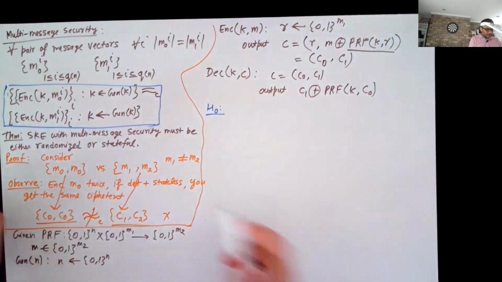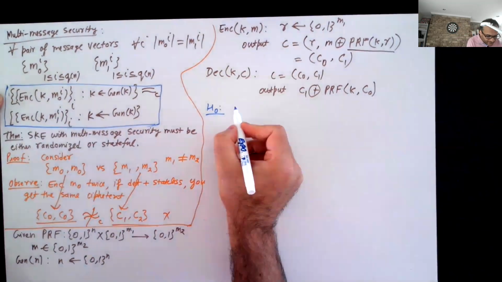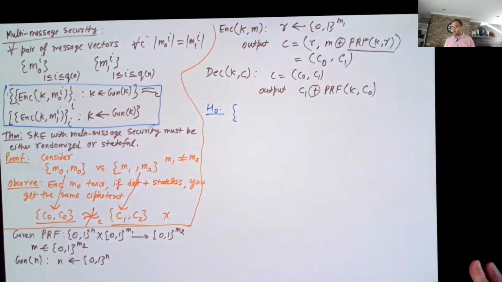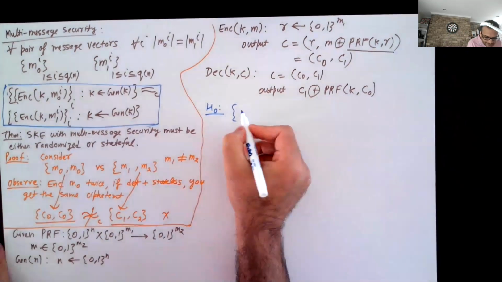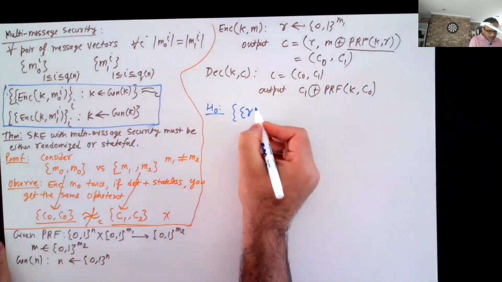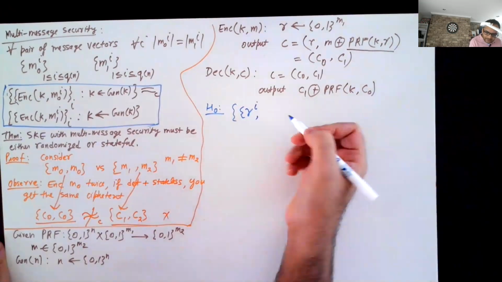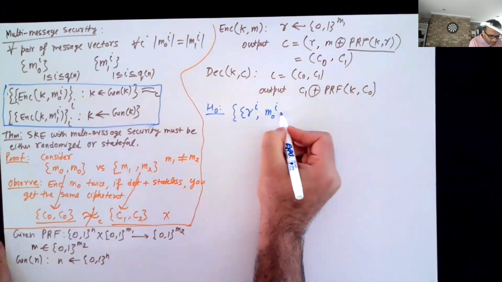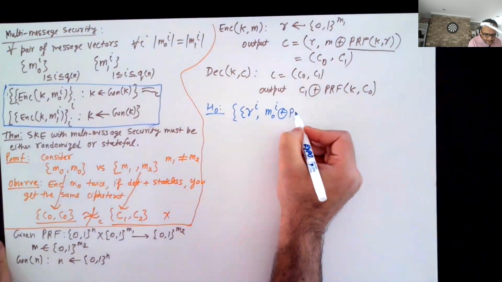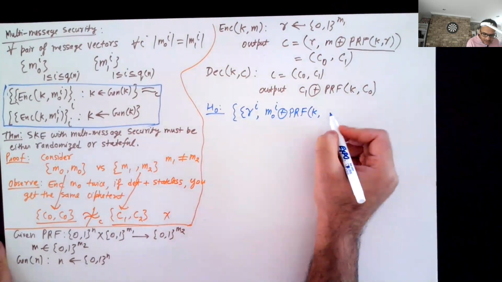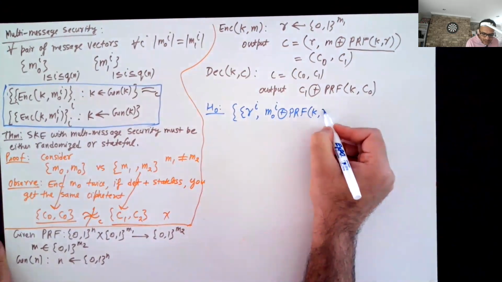So H0 is just this. Which is that you are given, let's call it Ri, comma, M0i XOR PRF on K and Ri.